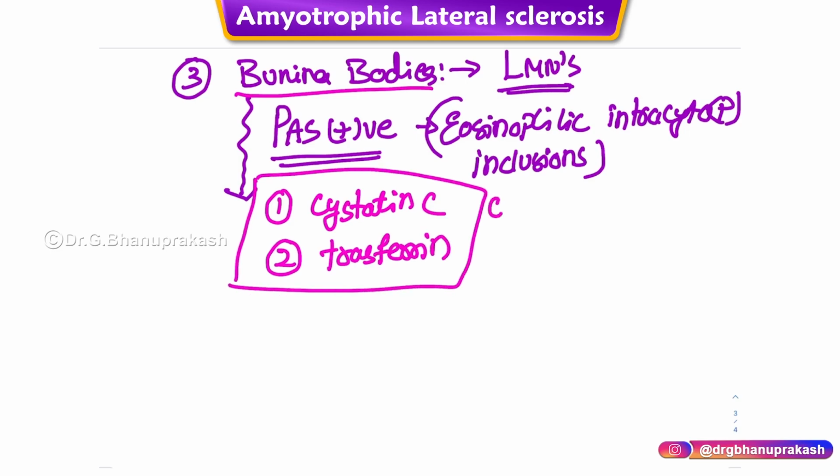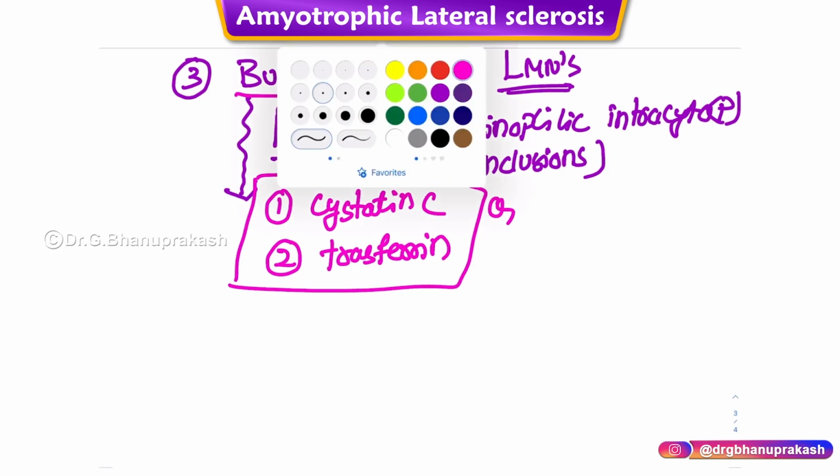These two proteins are found in the Bunina bodies. And I told you that Bunina bodies are the pathological hallmark in the lower motor neurons. So this is what we need to know about the morphological features.